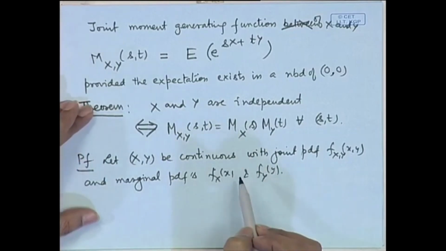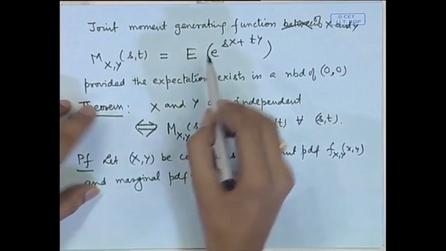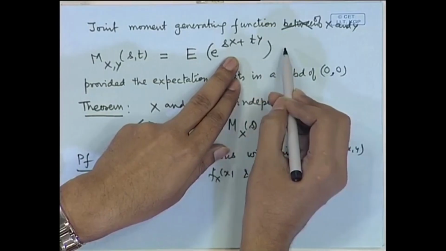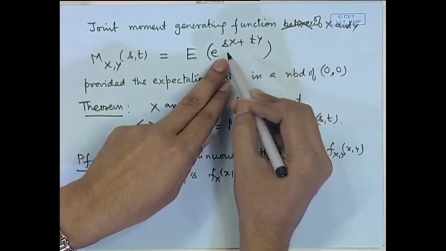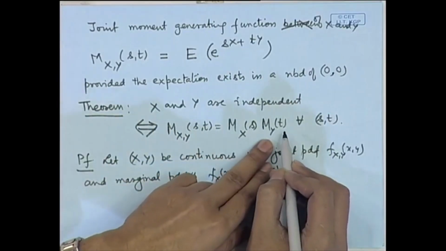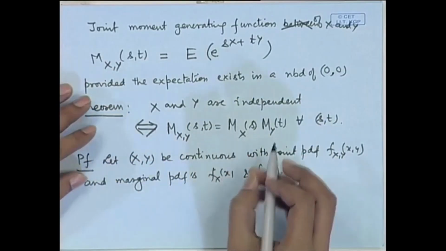Now, here let us notice that if the random variables are independent, then this expectation of a product will be equal to the product of the expectations. So, the joint MGF will be equal to the product of the individual or marginal MGFs. Let us look at the converse.